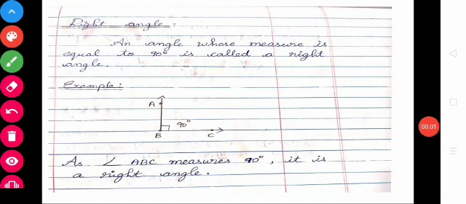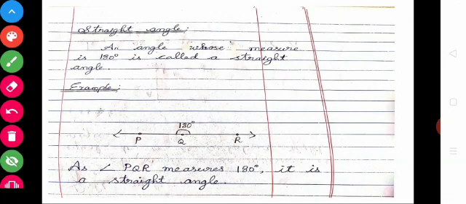Next one, right angle. An angle whose measure is equal to 90 degree is called a right angle. An angle ABC measures 90 degree. It is a right angle. And the next one, straight angle. An angle whose measure is 180 degree is called a straight angle.